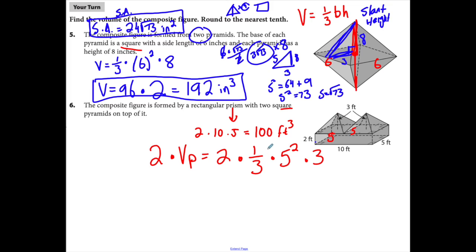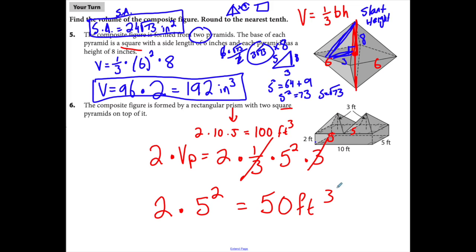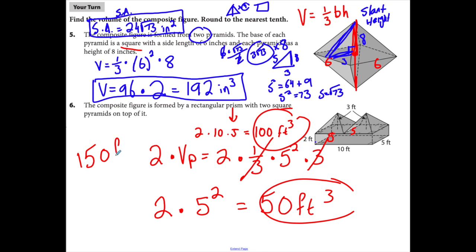Now the 1/3 and the 3 will cancel, so I've got 2 times 5 squared, which is 2 times 25, or in other words 50 feet cubed. So the pyramids are 50 feet cubed, and the prism is 100 feet cubed. We add them together, and we get 150 feet cubed.